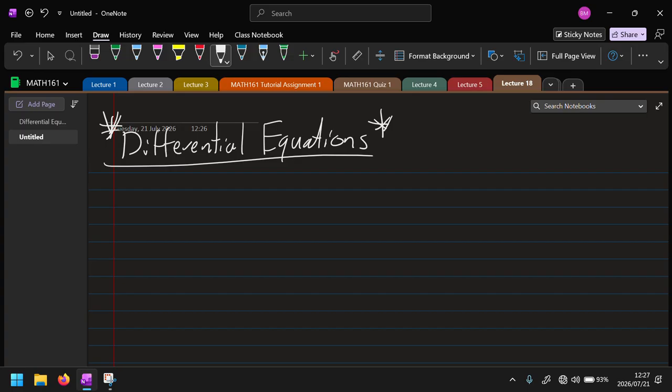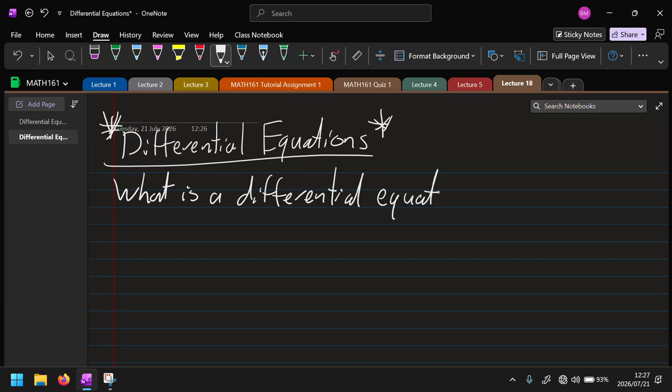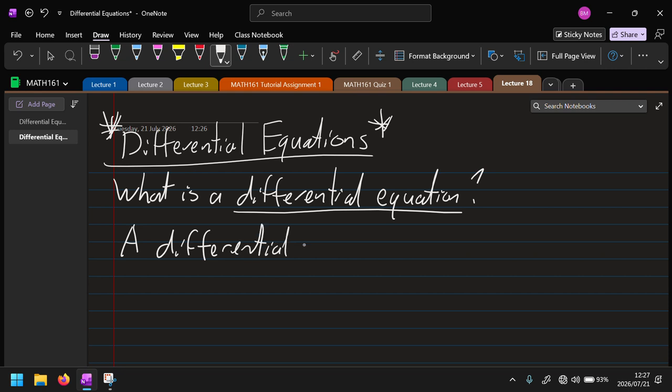So first thing, what is a differential equation? A differential equation, you will see this abbreviated as DE.